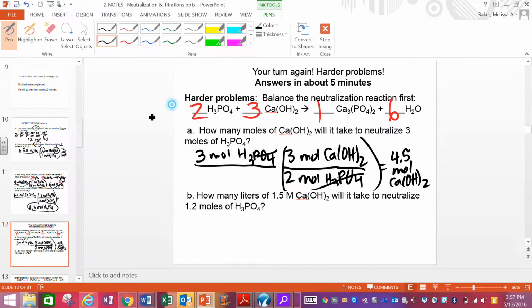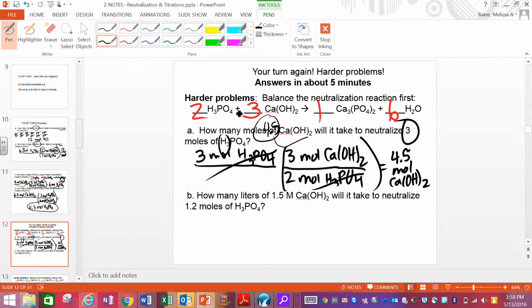That's how many moles you need to cancel out those 3 moles of H3PO4. And it makes sense, right? 3 times 3 is 9. We're canceling out 9 H's. So we need 4.5 moles of the calcium hydroxide. 4.5 times 2, that will cancel out those 9 hydrogen ions.